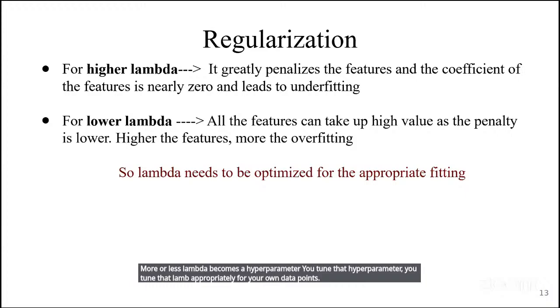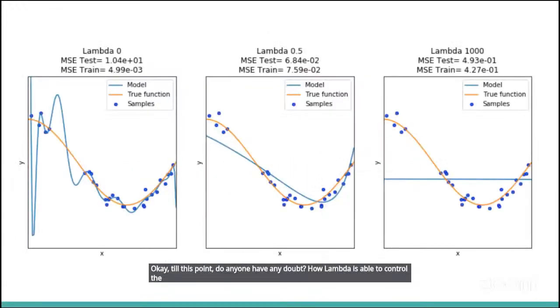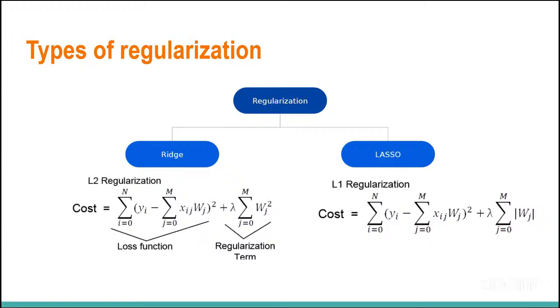Okay, till this point, does anyone have any doubt how lambda is able to control the model fitting part? So we will see more of such examples in our tutorial. What is the effect of using this regularization over this regularization?